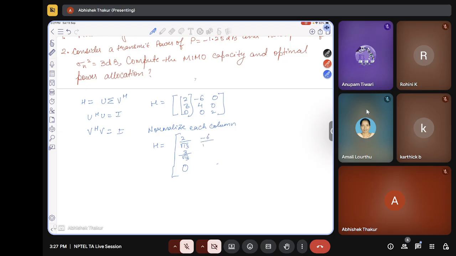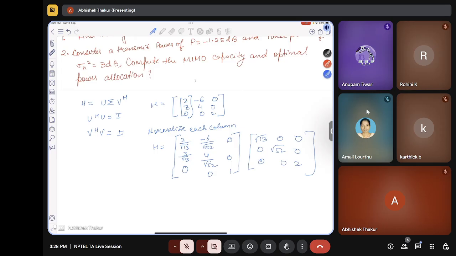So minus 6 by root 52, 4 by root 52, 0, 0, 0. And this we can write as 1 because it is divided by 2. So now we can multiply this with square root of 13, 0, 0, 0, square root of 52, 0, 0, 0, 2. So multiplication of these two matrices will give us H.